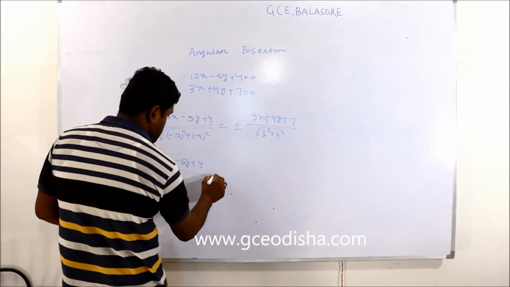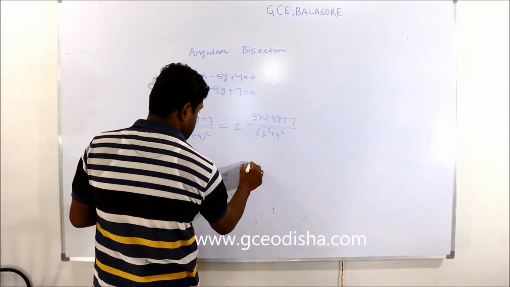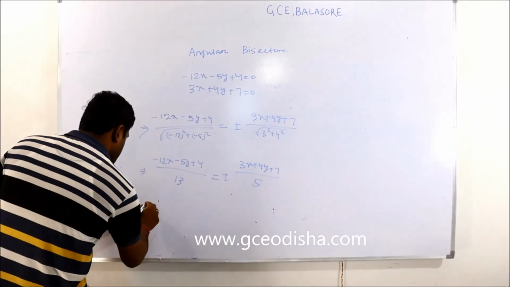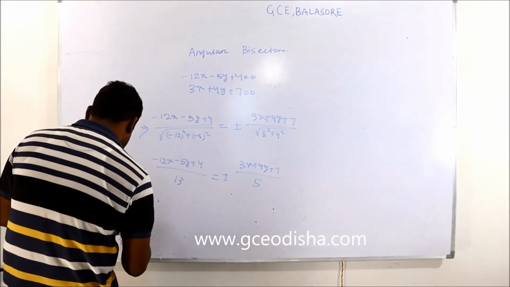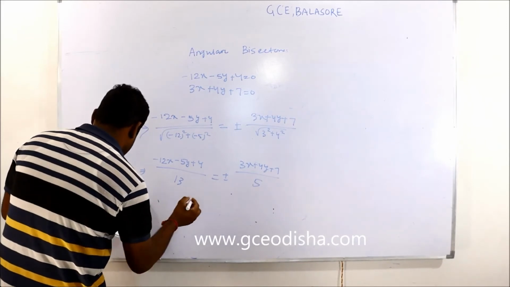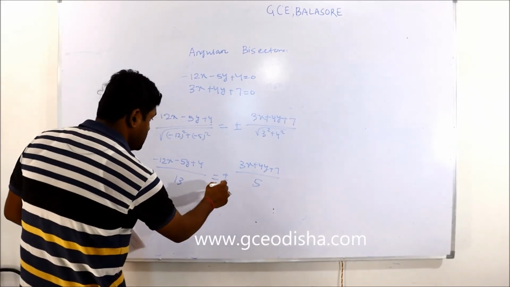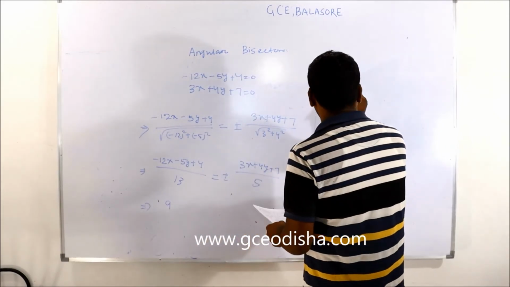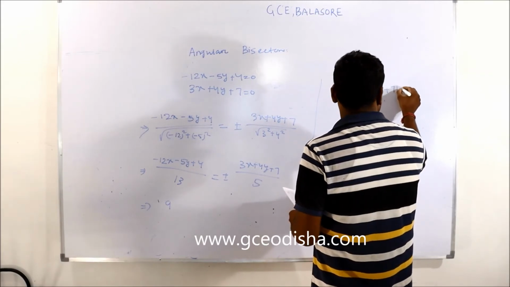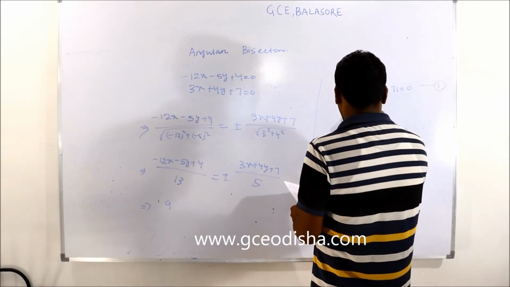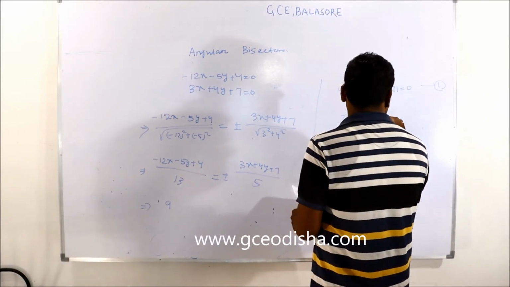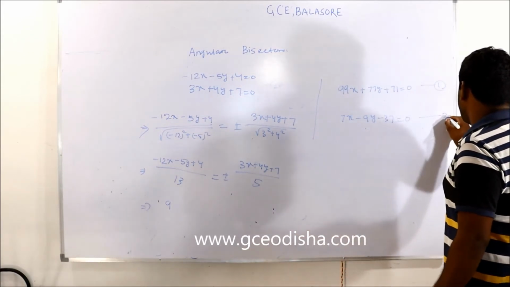This comes 13, that is equal to plus or minus (3x plus 4y plus 7) divided by 5. When you solve that, there are two equations that come, because there is a plus and minus. One equation is 99x plus 77y plus 71 is equal to 0, equation 1. Another equation is 7x minus 9y minus 37 equal to 0, equation 2.